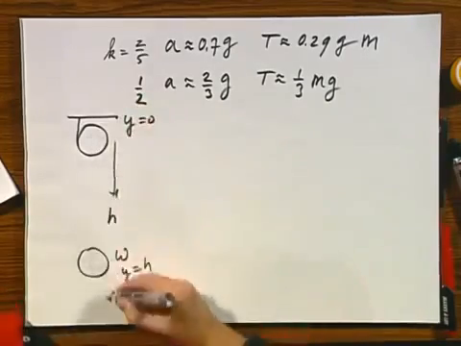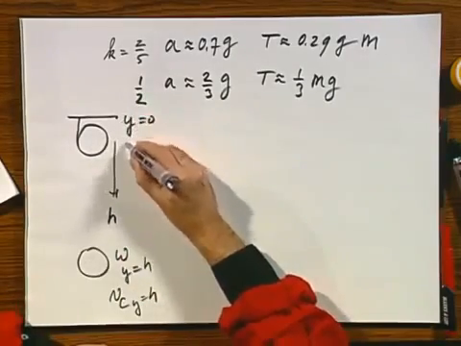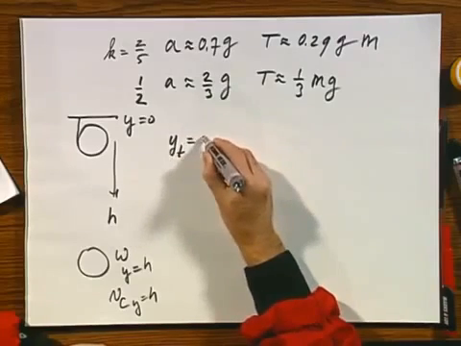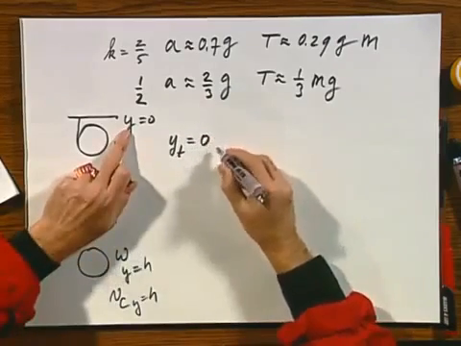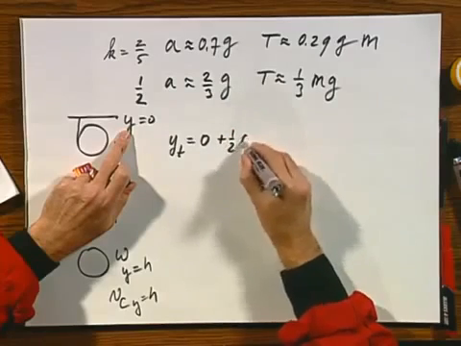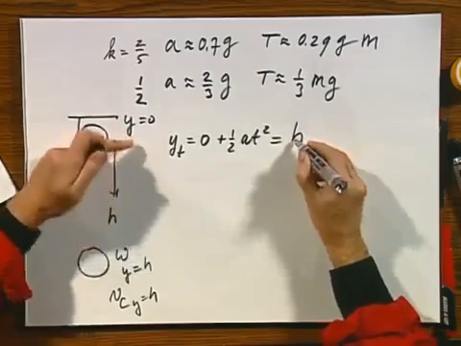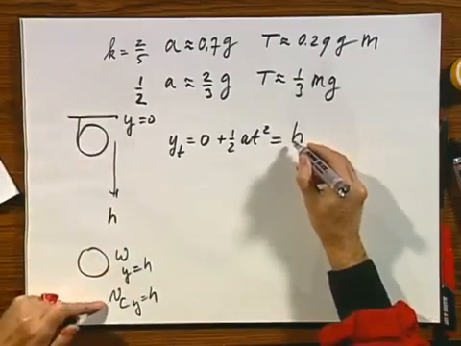The motion in this direction is accelerated, constant acceleration a in the y direction. So y of t equals y0, which is 0, plus 1/2 a t squared, and that equals h, that's the distance that it travels.